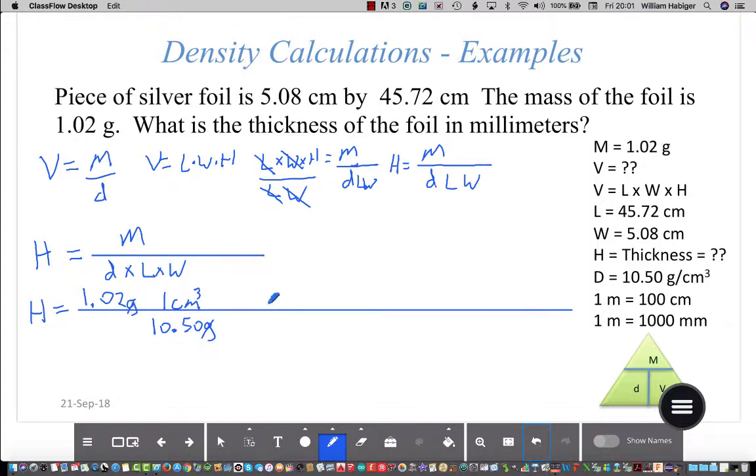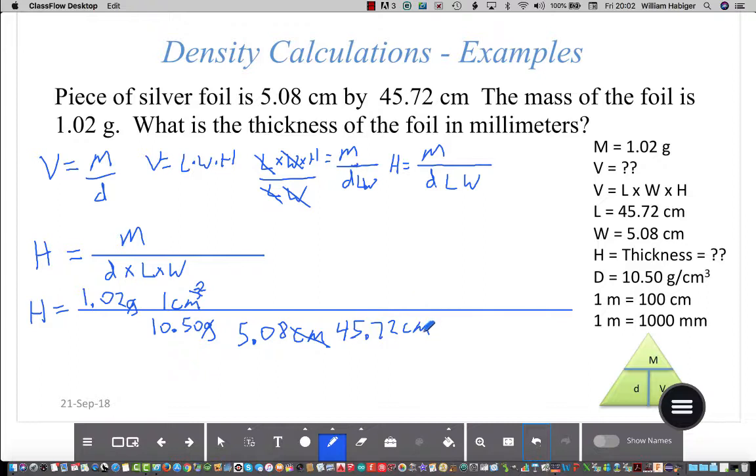So now when I put my length and my width on the bottom, they're both in centimeters. That should cancel out 2 of my centimeters out of the centimeters cubed. So I put one of my dimensions on the bottom. Doesn't matter whether I call it my length or my width. That centimeters is going to cancel out 1 of the centimeters in the centimeters cubed and change it to centimeters squared. Because remember, centimeters cubed is centimeters times centimeters times centimeters.